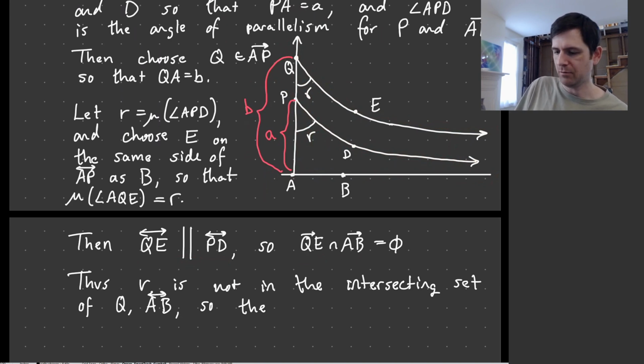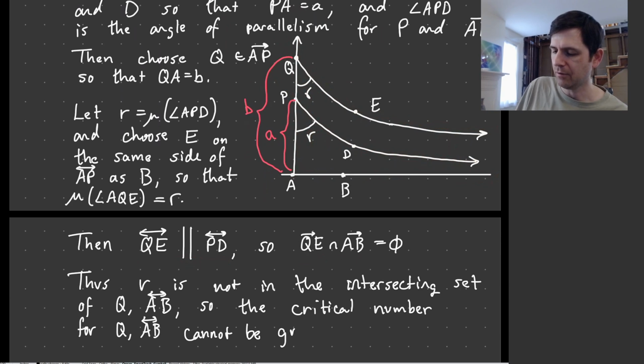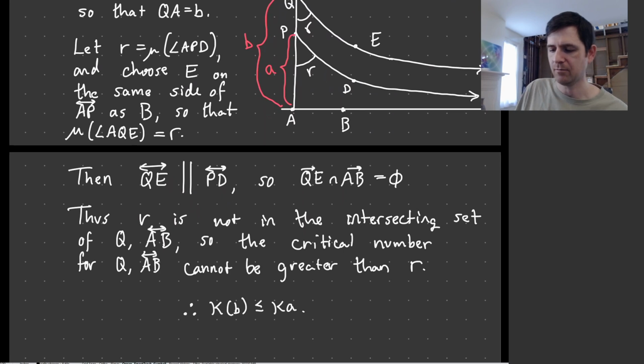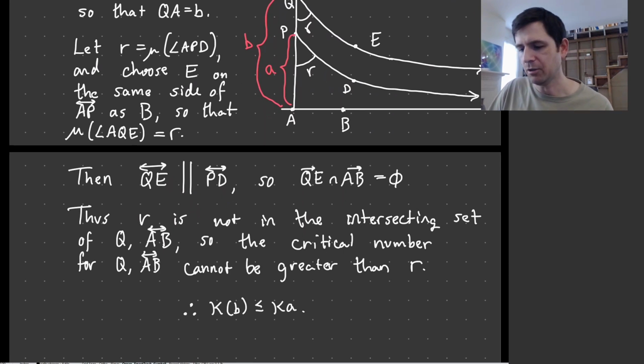So the critical number for QAB cannot be greater than R. In other words, kappa B is less than or equal to kappa A, which is what we were trying to show.